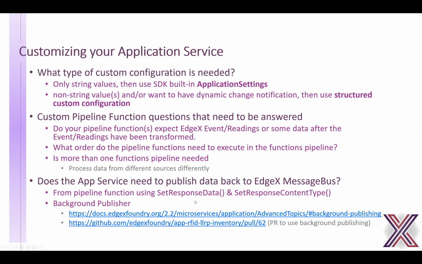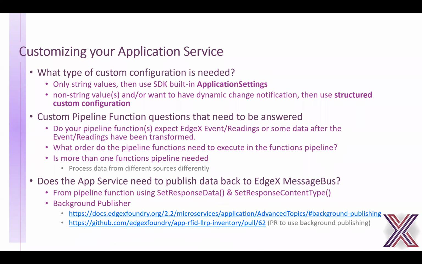There is a more advanced way to publish data back, and this is specifically for message bus triggers: a background publisher. So you could have your functions providing data to a background thread. They process the data, manipulate it, and then send it on a channel to a background thread.